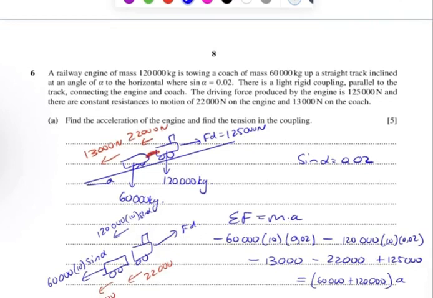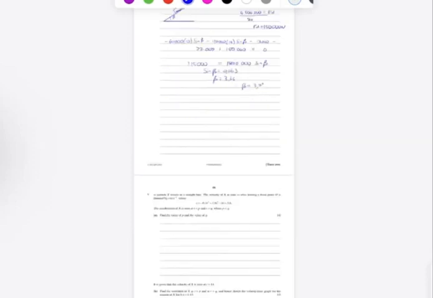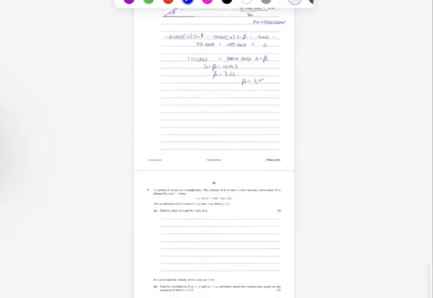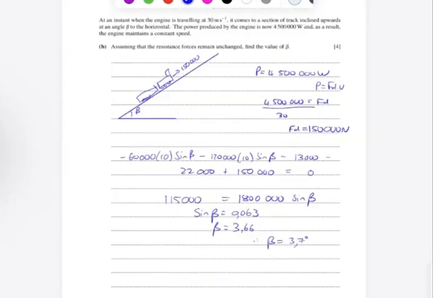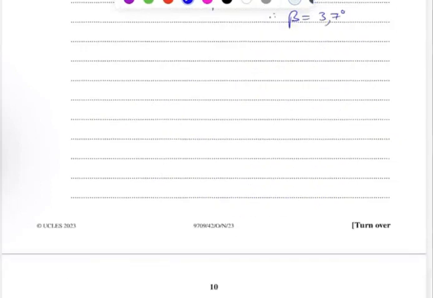So sine of 0.02 was an angle of 1.145. So it is steeper. Okay. Cool. Nice. That was an interesting question. I actually quite like that. So every keyword makes sense. Well, every keyword is super important in these questions.